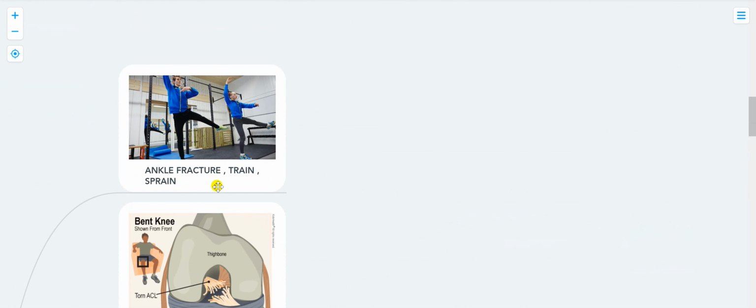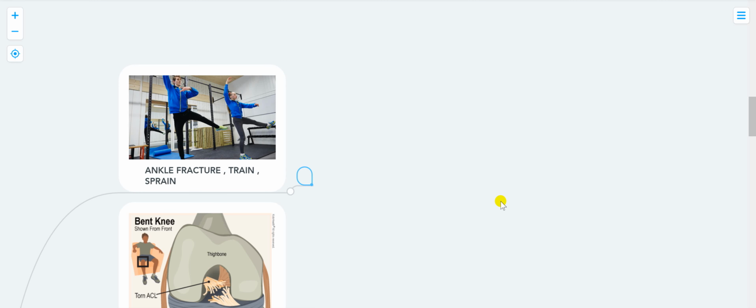Let's see what else. Ankle fracture, sprain and strain. How do you manage that? So how does that happen? Usually inversion or eversion of the foot. Mechanism, usually it's a sprain. Sprain is the same thing as strain, same thing as a fracture, like for the ankle.